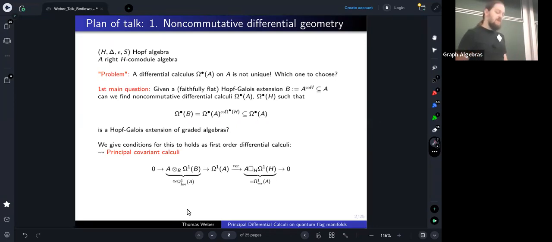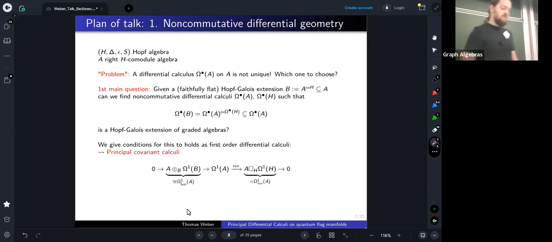One way to think of a good choice, I will try to tell you on the level of Hopf-Galois extensions. So a Hopf-Galois extension is written here. The definition will come on the next slide. You can think of this as a quantum version of a principal bundle.